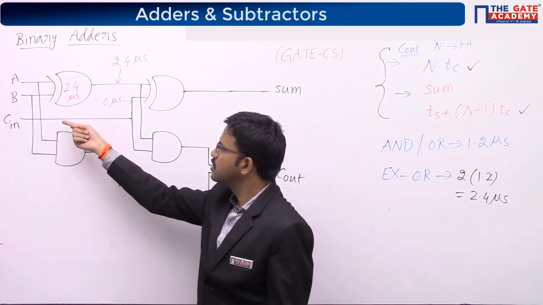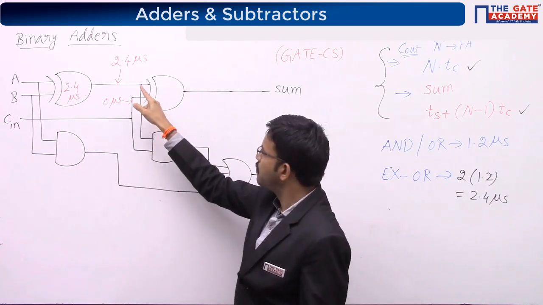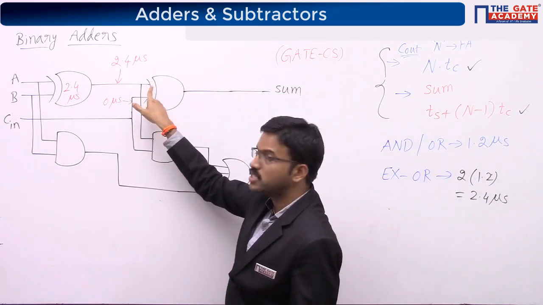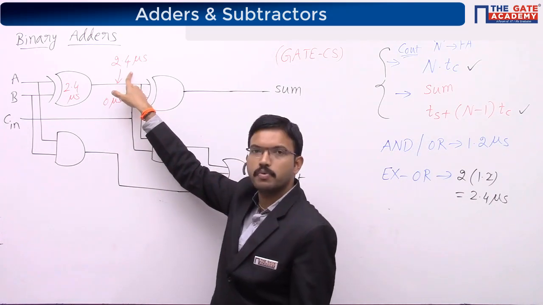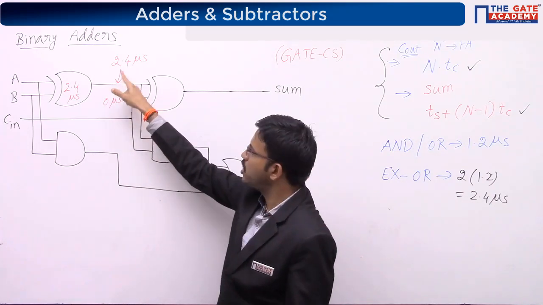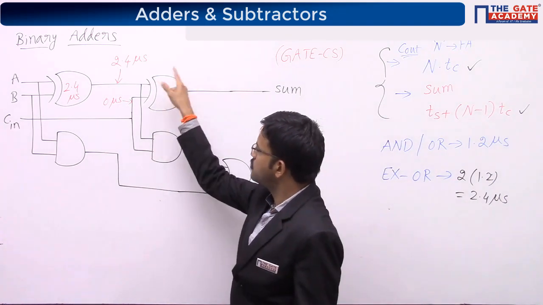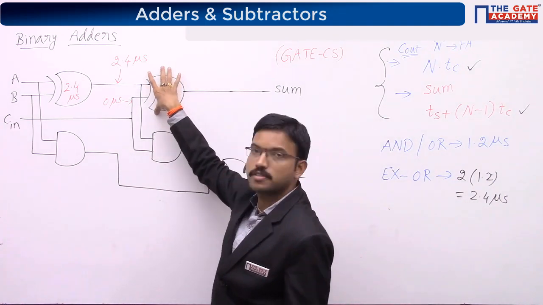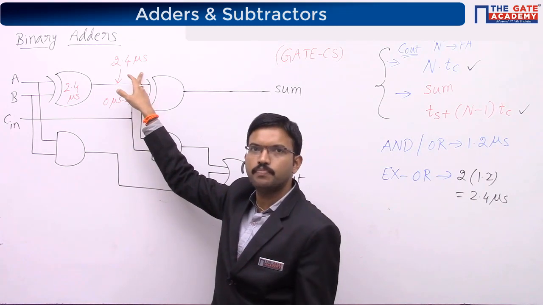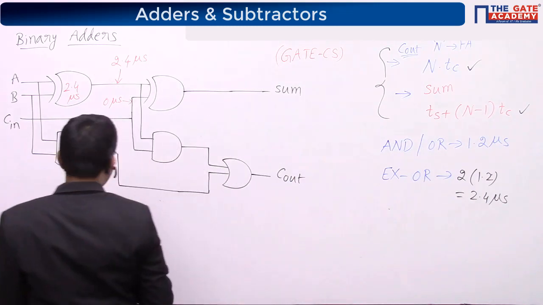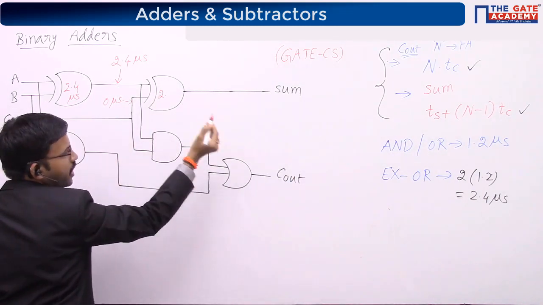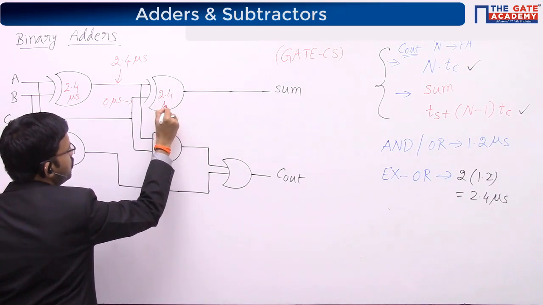Now this input is directly coming, whereas for the other input of this exclusive OR gate, I am getting a 2.4 microsecond delay, right? So among these two, which do I have to consider? How much time does this exclusive OR gate have to wait? 2.4 microseconds, right?